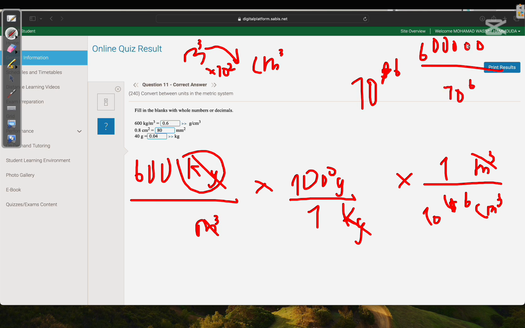Now let's cancel the zeros. So it's 6 over 10, which is 0.6 grams per centimeter cubed.